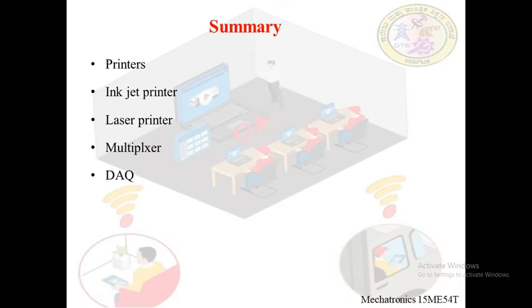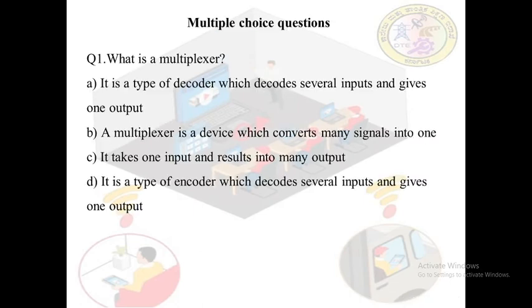So with this understanding, let us move into a simple multiple choice question session. First question: what is a multiplexer? It is a definition type question. Option A: it is a type of decoder which decodes several inputs and gives one output.